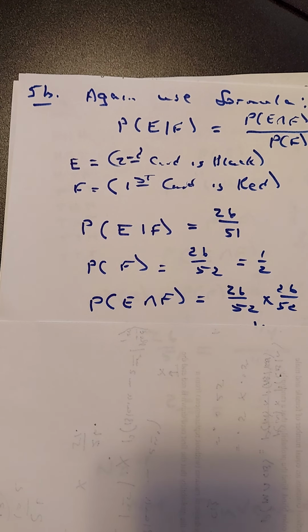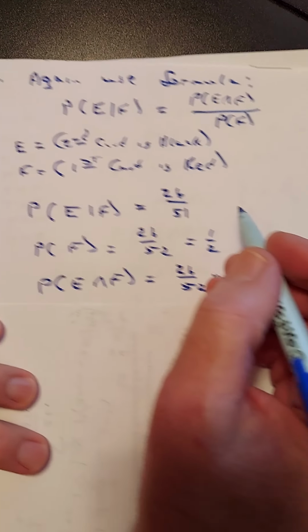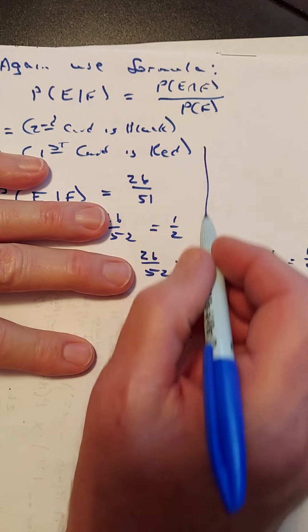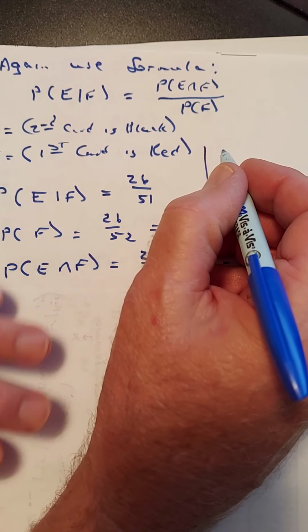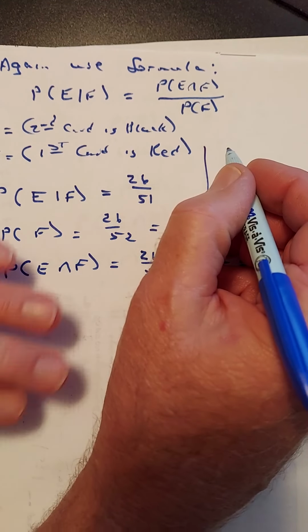Okay, so the probability of E and F, think of it this way. Come off to the side here. The probability of getting a red card on the first card, there's 26 red out of 52 total. What's the probability of a black one on the second card?